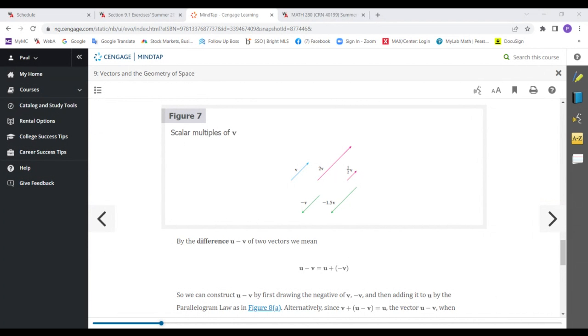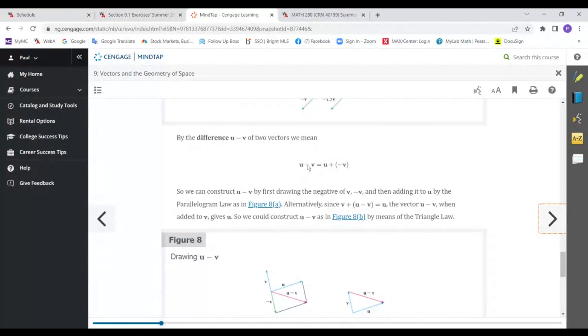Now, you can also take the difference of two vectors. The nice thing about the difference of two vectors is you can treat it as a sum: the difference between vectors u and v is the same as the vector u plus the vector -v.